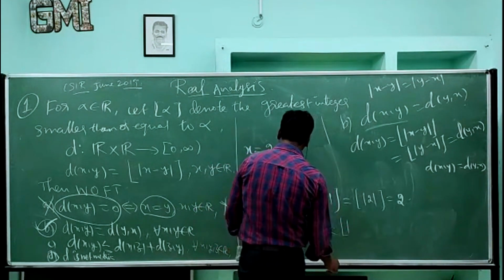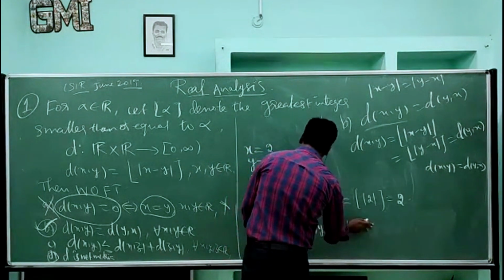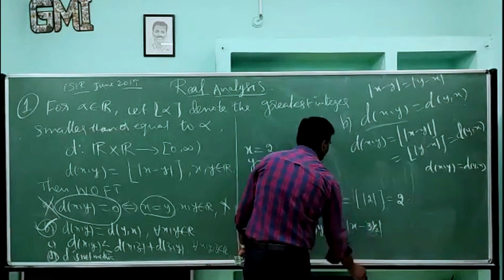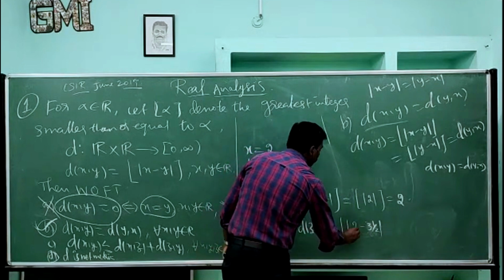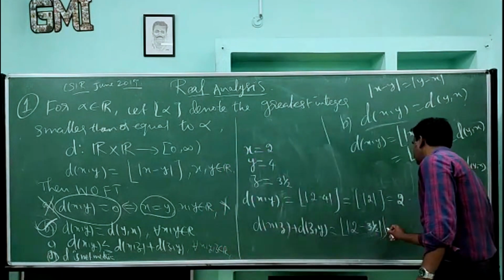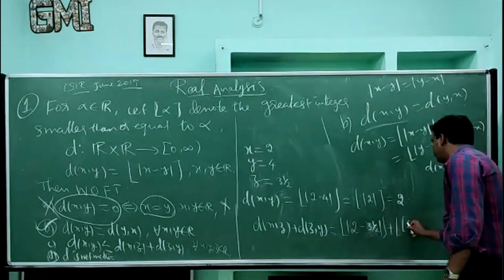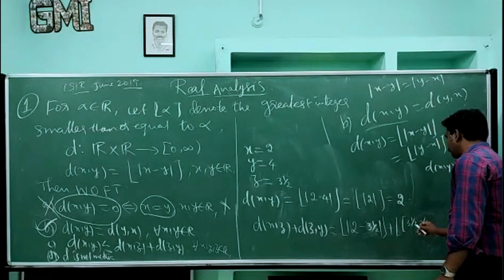Greatest integer of the modulus of x minus 3 by 2, that is 3.5. With x equal to 2, the greatest integer plus the greatest integer of modulus of 3.5 minus 4.